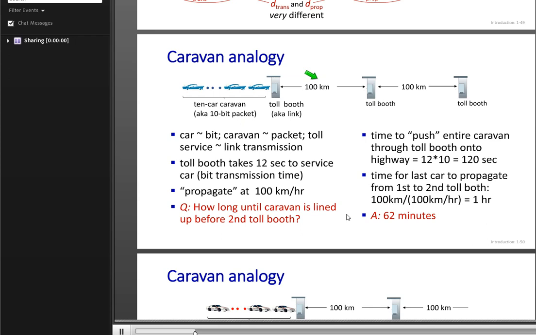And when I said each car spends 1 hour to pass the highway, it's similar to propagation delay. So simply you can find everything here: transmission delay, packet length, propagation delay. There is nothing strange in computer networks.